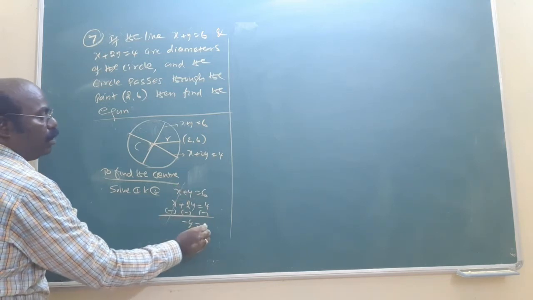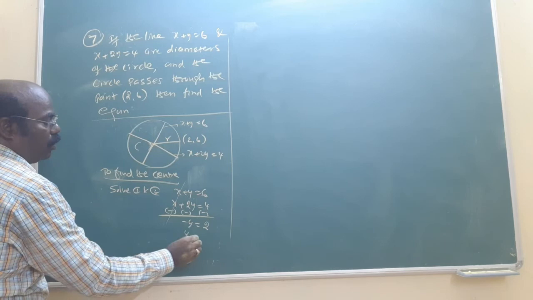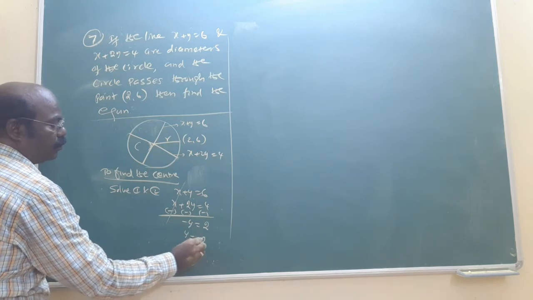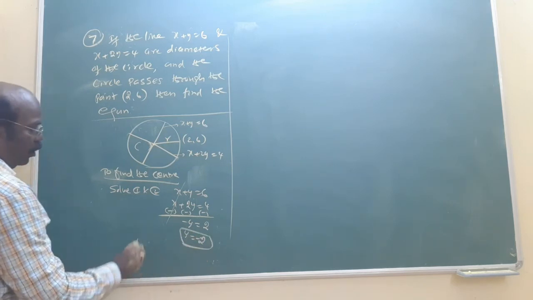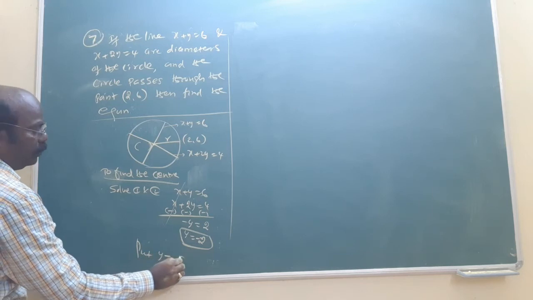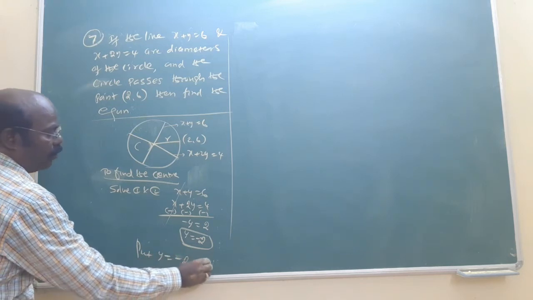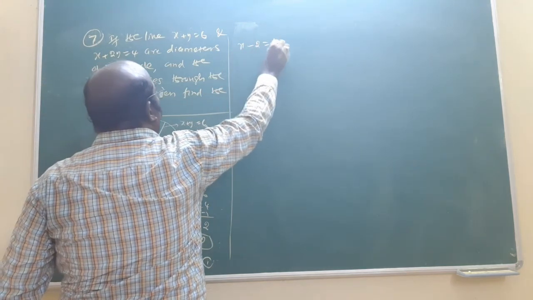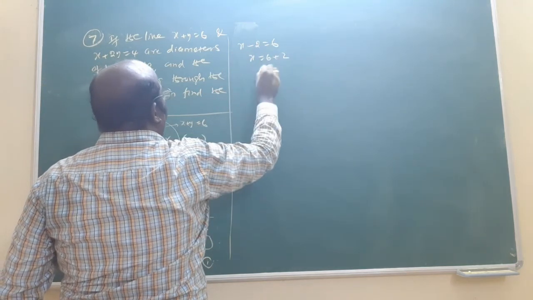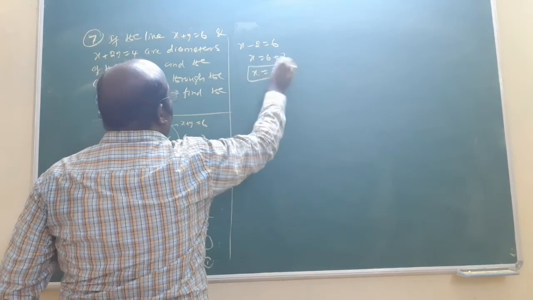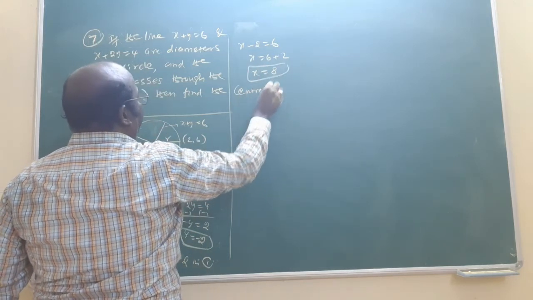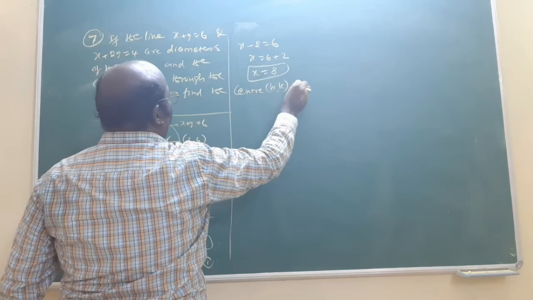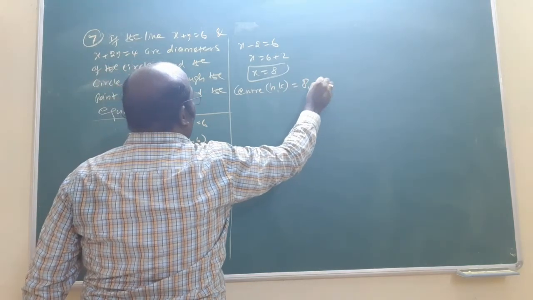Minus y equal to 2, y equal to minus 2. Put y equal to minus 2 in the first equation: x minus 2 equal to 6, so x is 6 plus 2, 8. Therefore, the center h, k equal to 8, minus 2.